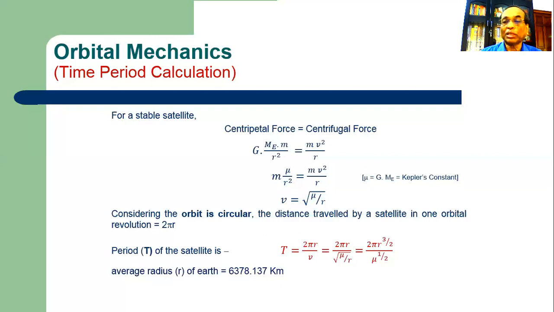Centripetal force is equal to centrifugal force. By magnitude they are the same, but vectorially they are different, in opposite directions. So the time period goes as R to the power 3/2. We have to keep it in mind. So it is more than 1.5.